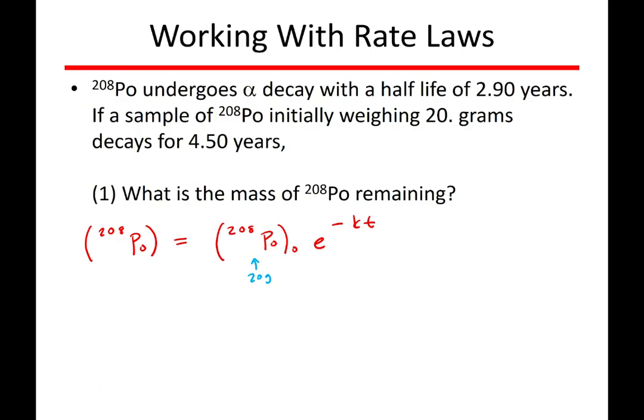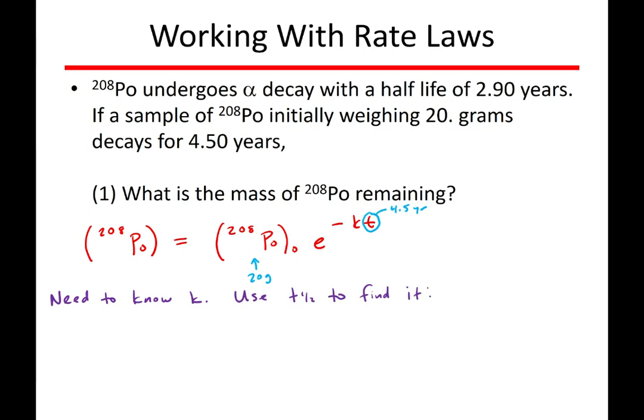Additionally, we're told that the sample is decaying for 4.5 years, and so we know that the value of t is 4.5 years. There is, however, one piece of information that we do not know, and that is the value of k. So now we need to find the value of k. We think about what other information we have in the problem that will help us to find it, and a piece of information that relates to k is the half-life. We're going to use t1/2 to find it.